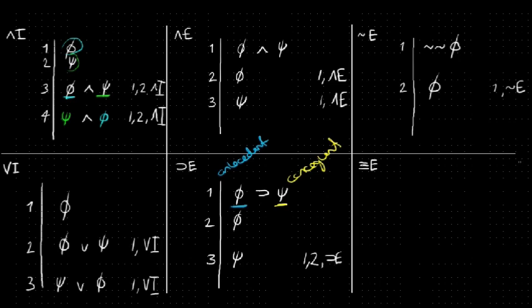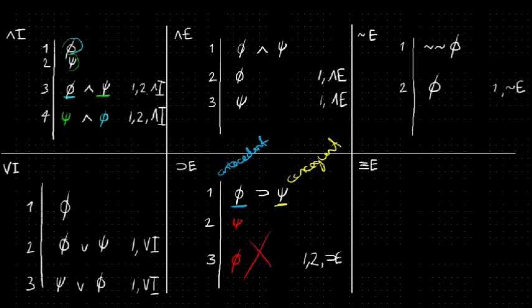Now bear in mind that this only goes one way. We can only get the consequent by having the antecedent. If we'd had phi then psi, and on line 2 we'd had psi, we're not justified in writing phi, right? We can't have the consequent in this conditional statement and thereby derive the antecedent.